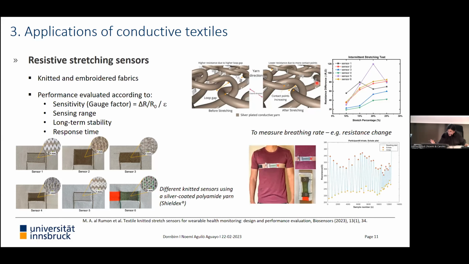So they use this to create some sensors to measure the breathing rate. And here they select the best sensor that they have, the best structure, and you can see how they monitor this breathing rate from the participant. So this will be one example of application.